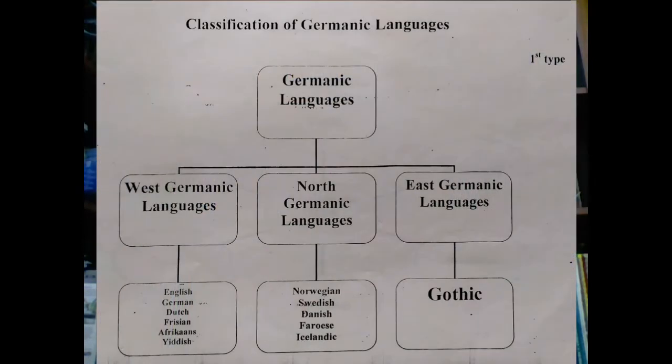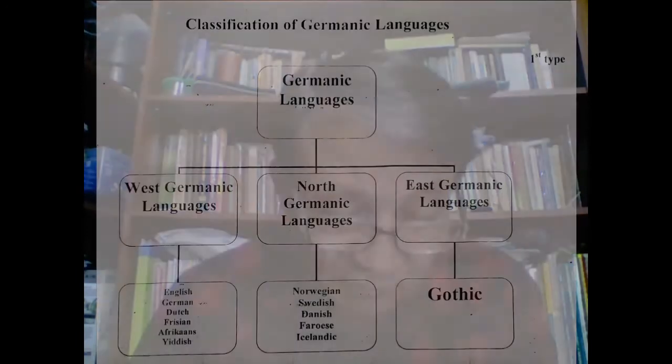Now West Germanic languages are English language, German language, Dutch, Frisian, Afrikaans, and Yiddish. English is the language we are learning. German is the language spoken in Germany, Switzerland, Austria, Luxembourg, etc. Dutch is the language spoken in the Netherlands, and it has one more name, Holland, which you know.